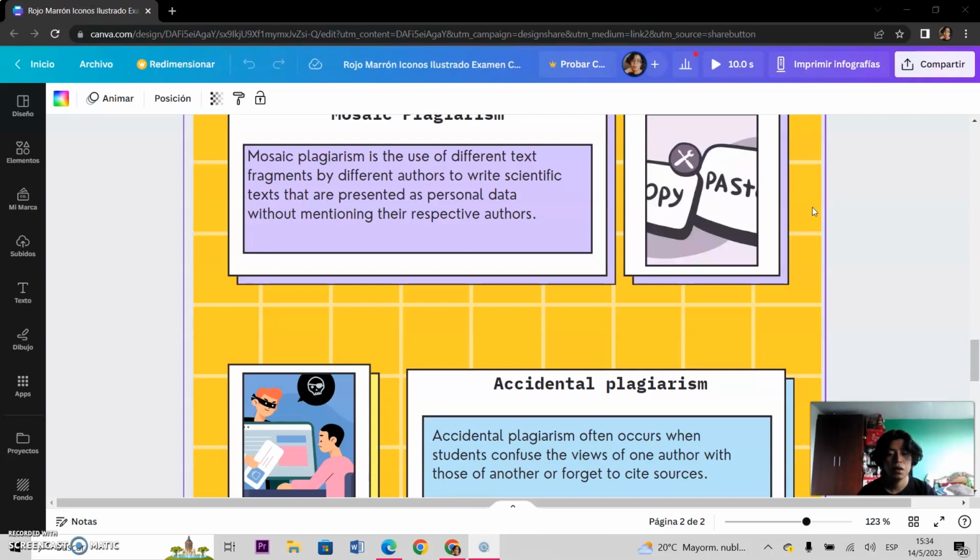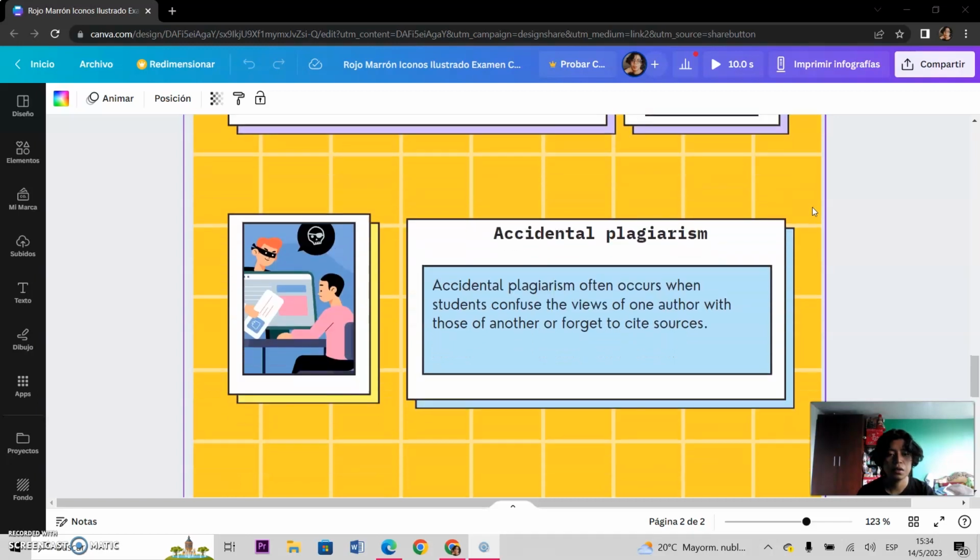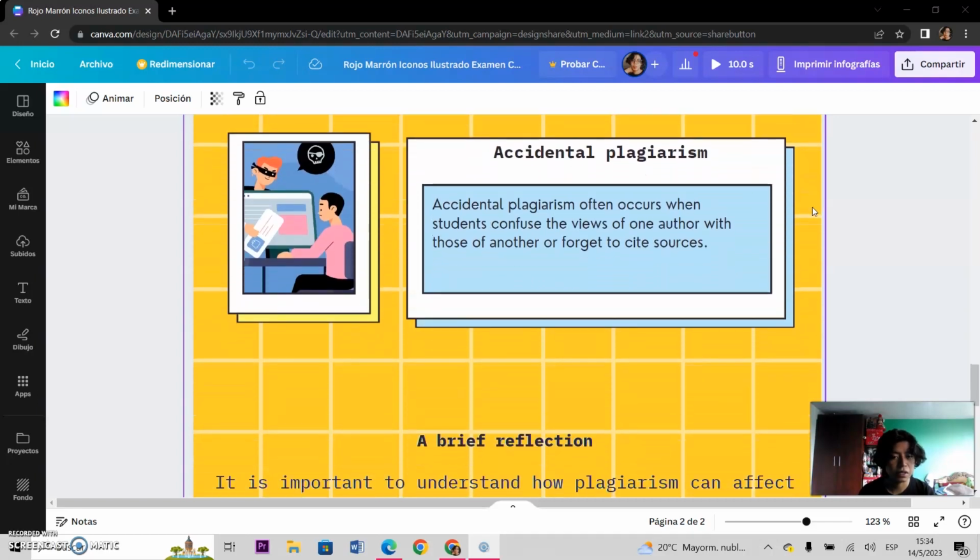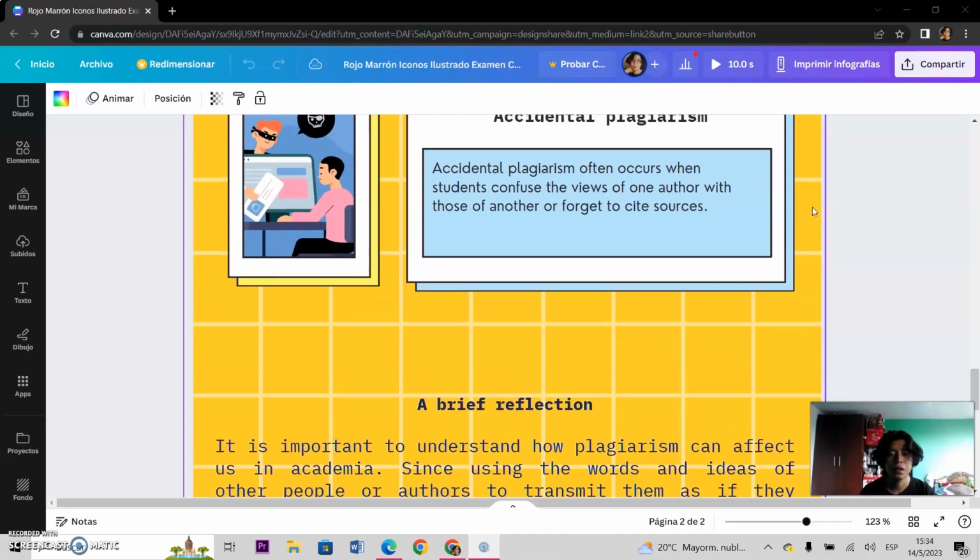And the last is accidental plagiarism. Accidental plagiarism often occurs when students confuse the views of one author with those of another or forget to cite sources.